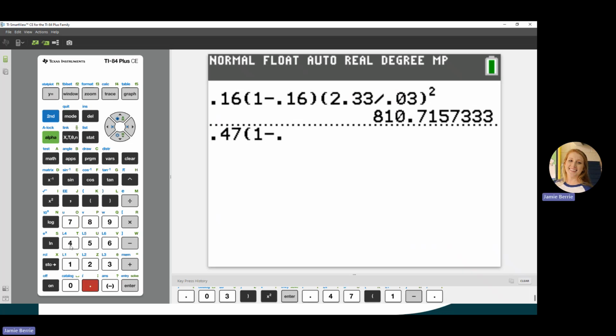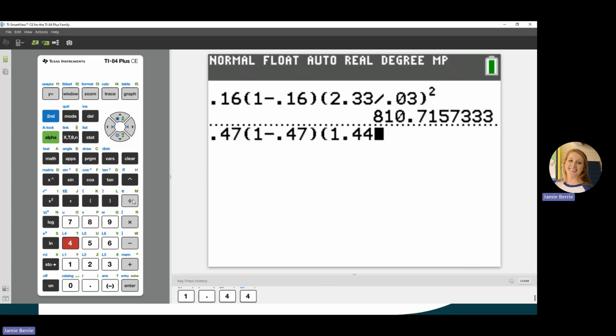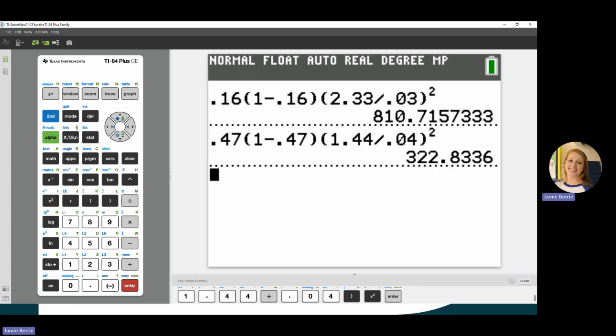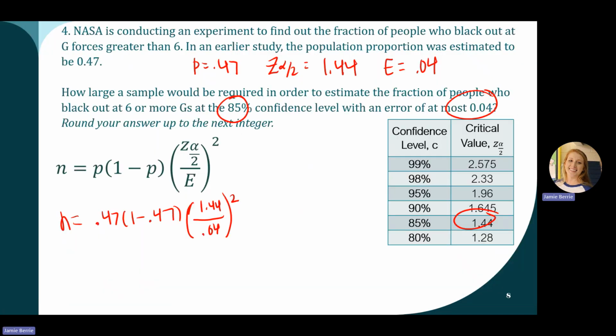Parentheses, critical value was 1.44. Lots of fours in this one. Error was 0.04. Then close the parentheses, square it. Boom. And again, whatever the number is, round it up to the next whole number. So that'd be 323. So approximately 323 people.